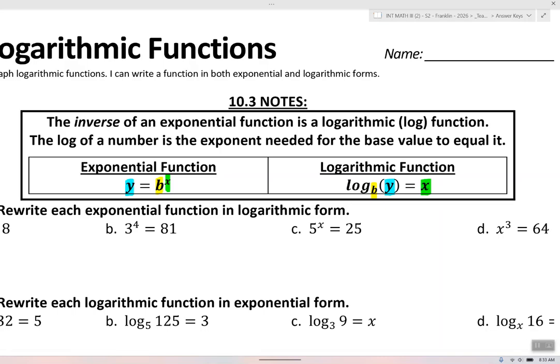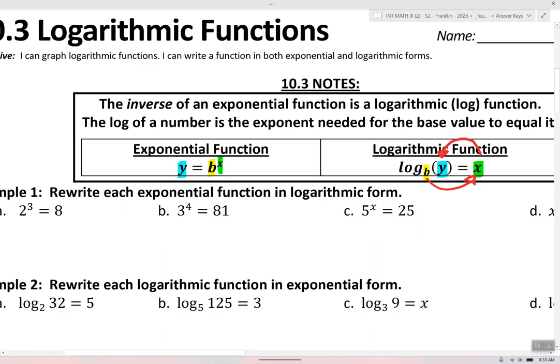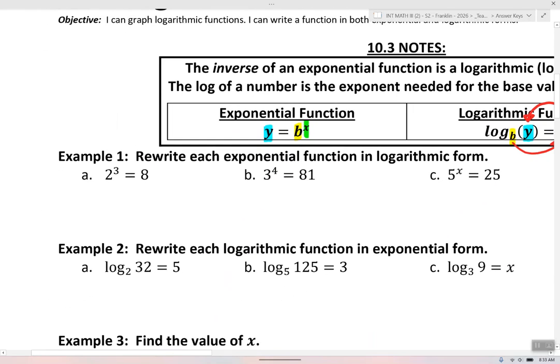Okay, so let's practice flipping these things around. In general, you can start with the base and go b to the x equals y, kind of in this circular rotation here. So we're going to rewrite these exponential functions in logarithmic form.